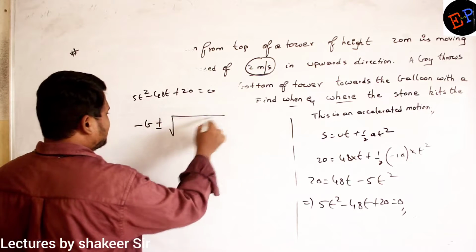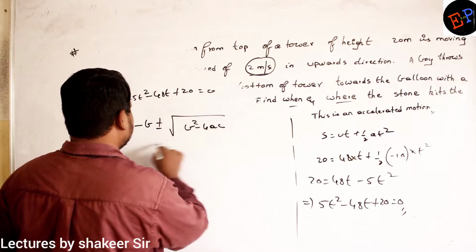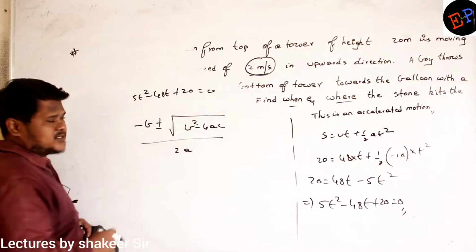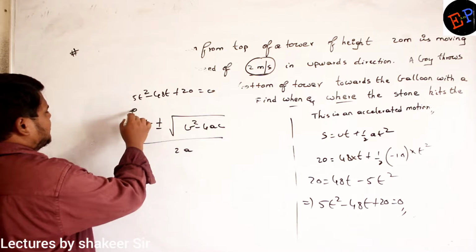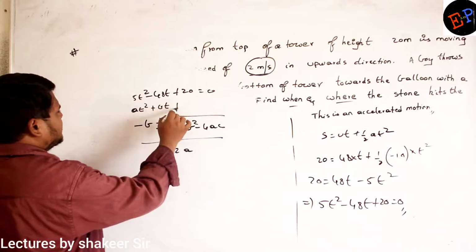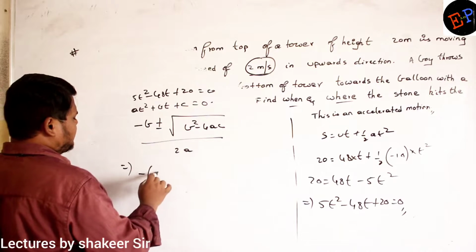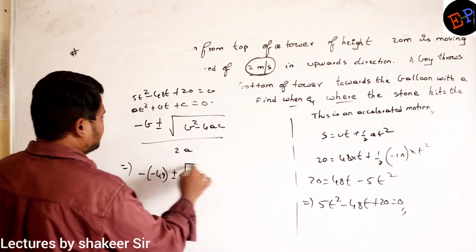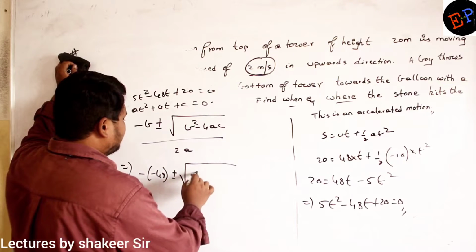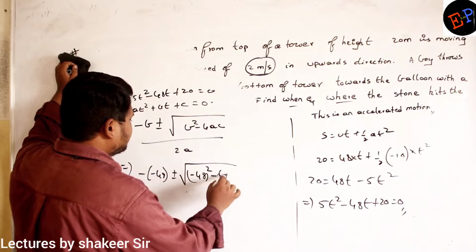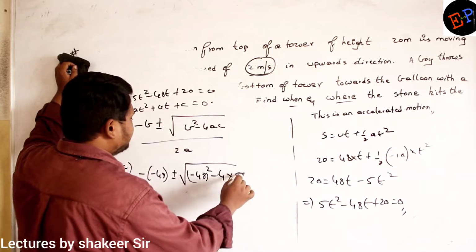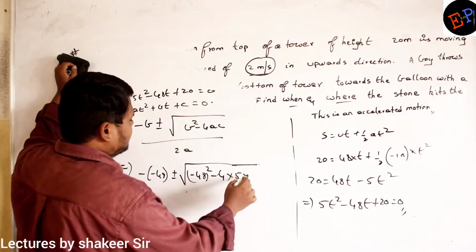Minus b plus or minus square root of b squared minus 4ac, divided by 2a. This is the relation. Okay. So compare this one with at square plus bt plus c is equal to 0. So minus b value, minus 48, plus or minus square root of b value, minus 48 whole square, minus 4 into a value 5 into c value 20.